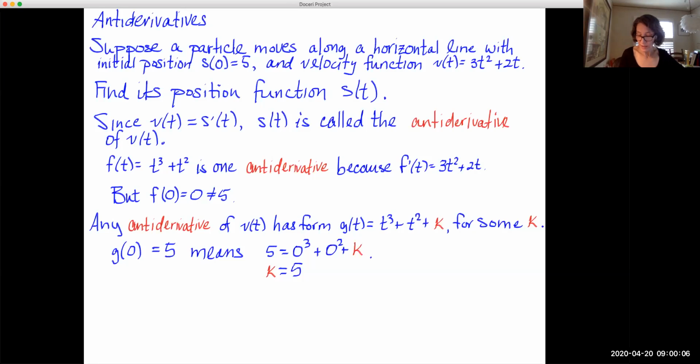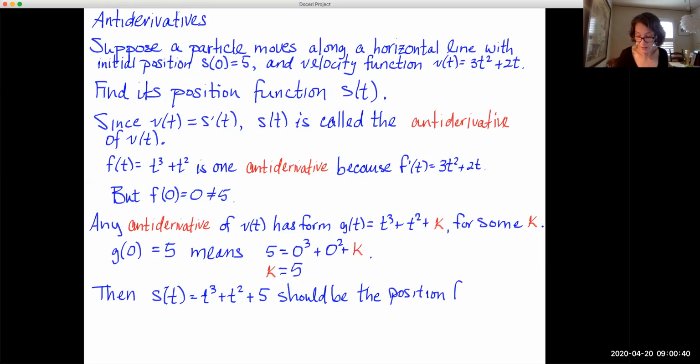We don't know what it is, but we know it has the form t to the third plus t squared plus a constant k. And we said, well, if g of 0 is 5, then that constant has to be 5. So that tells us that the position function, the one we were looking for, should be t to the third plus t squared plus 5.